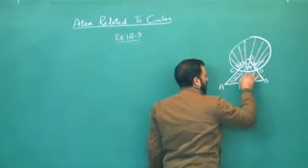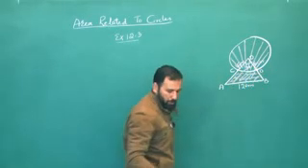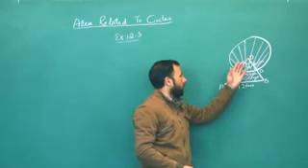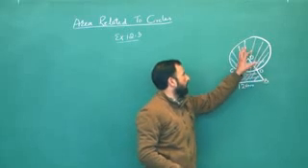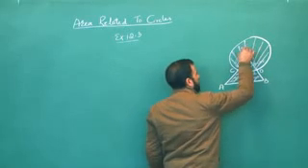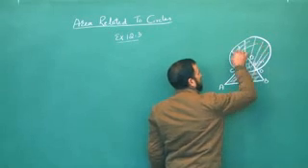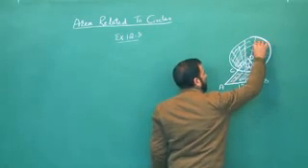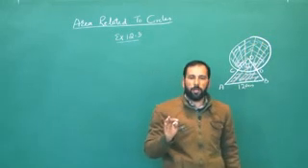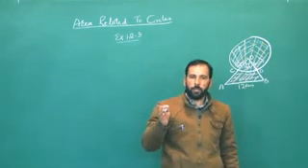So, we have to find out the area of a shaded region. First of all, we find the area of an equilateral triangle OAB and the area of this major sector. This one is the major sector. But for finding the area of a major sector, we should find the angle of the major sector.